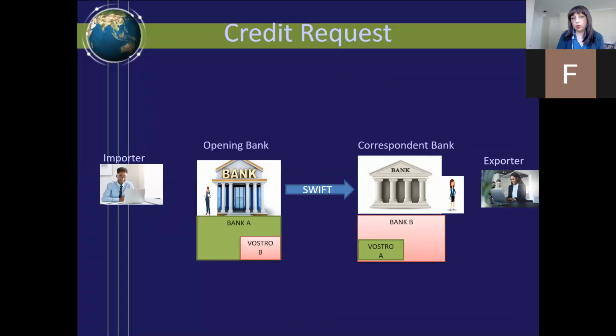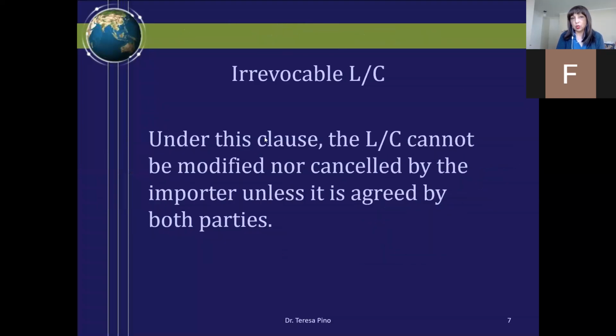And revocable means that he may make changes to the document. And you as an exporter always want irrevocable, because you may be sending the merchandise and the importer may decide to cancel the letter of credit. Therefore, your merchandise is going to be on the way and you're not going to get the money because the importer canceled the letter of credit. So what you always want is irrevocable.